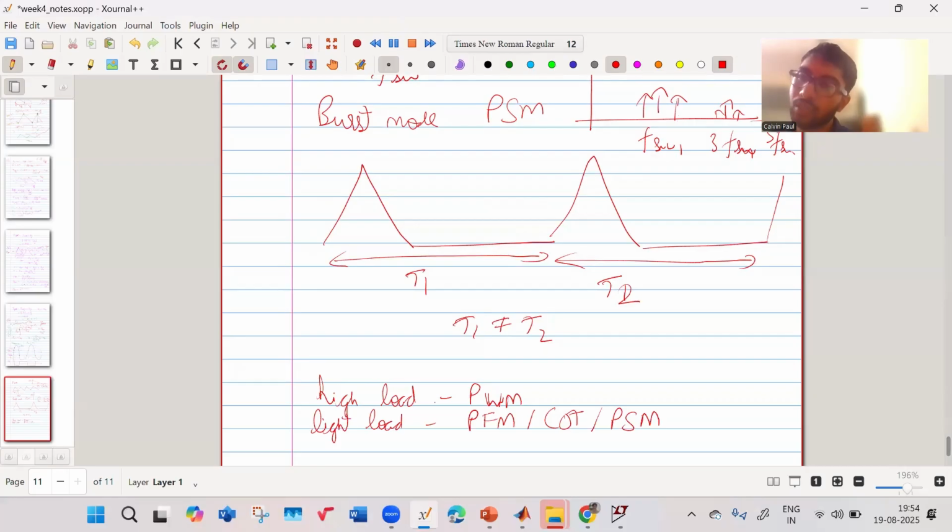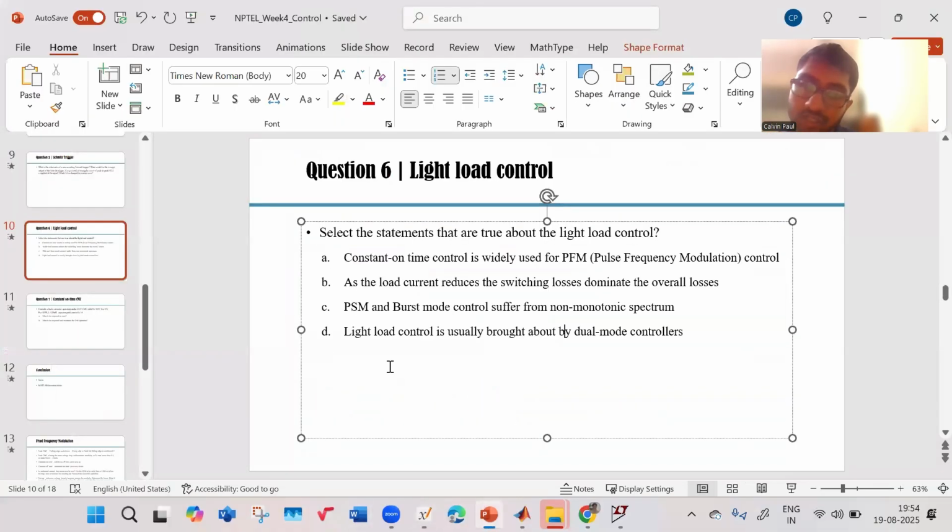Then we have to demarcate. If the load current is high, I'll operate in pulse width modulation. If the load current has reduced further, I will go into the light load control technique. That is why it is known as a dual mode controller.